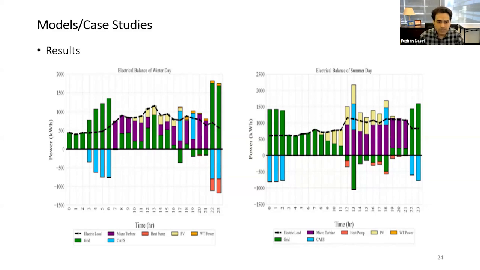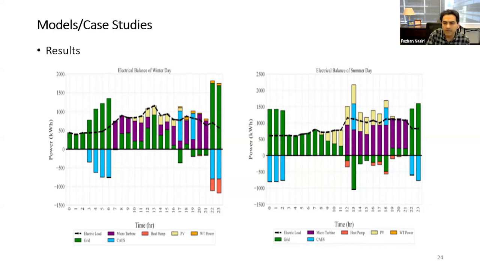So we could see when the turbine is operational, which means the compressed energy storage system is discharging, when the compressor is working, which means it is charging, when we are getting energy from the PV, when we are getting energy from the wind, and when we are exchanging with the grid.